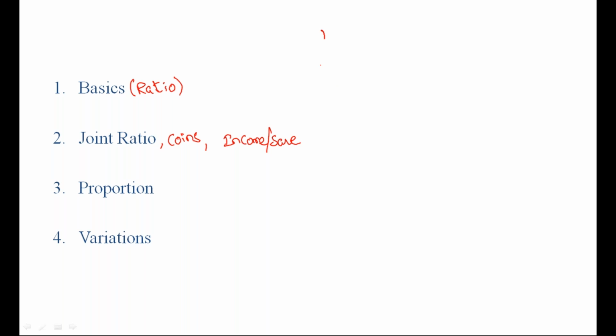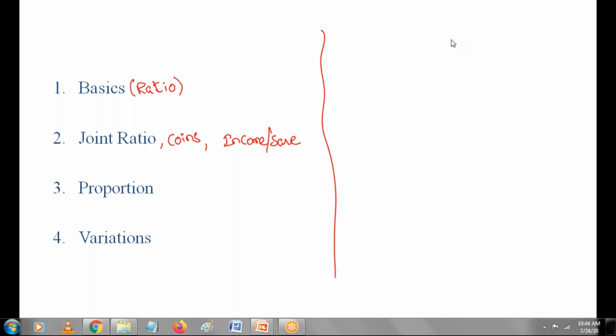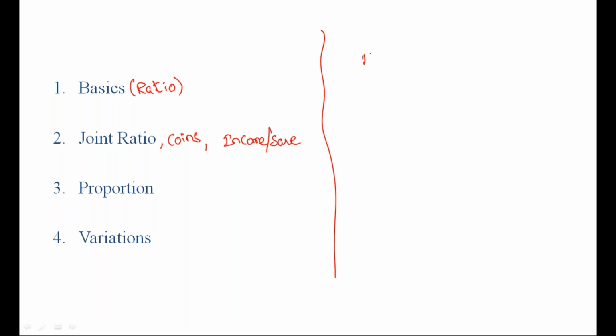Now guys, what are the basics you require? First of all, whatever ratio you want to represent, suppose it is A is to B, A and B must be positive integers. The correct format of representing a ratio is always in integers only. Suppose you have 1/6 with respect to 1/8.